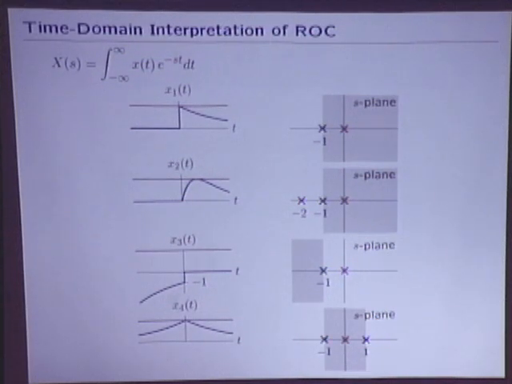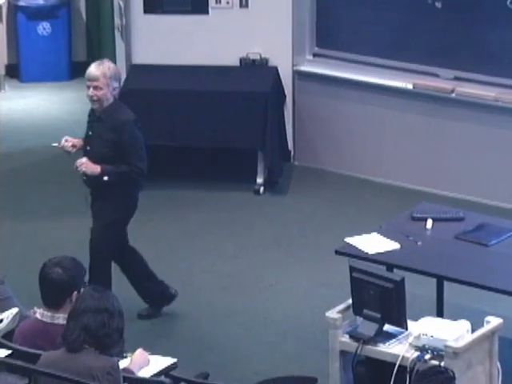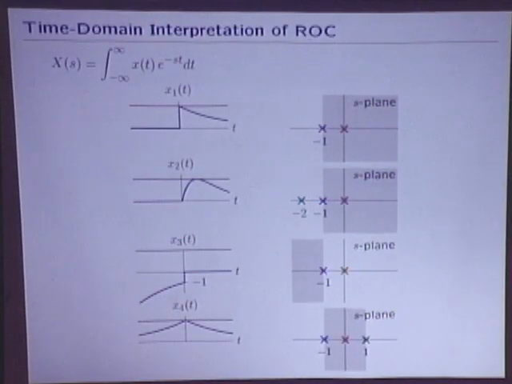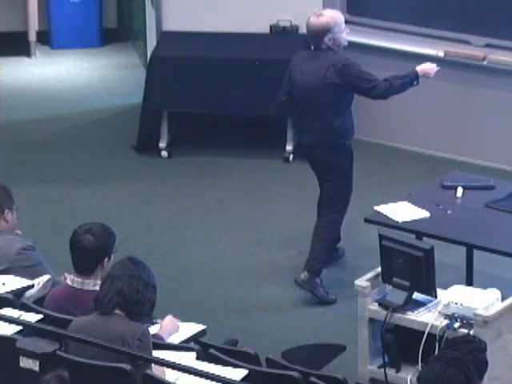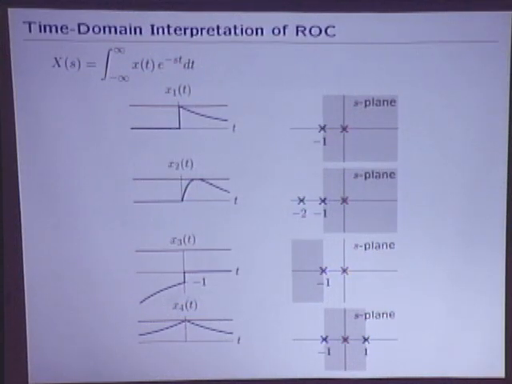It's in the region of convergence. This one does not converge. This one diverges. As you go to minus infinity, the function is unbounded. The transform doesn't exist. S equals 0 is not in the region. That's what it means. Here, if I integrate against e to the 0, both sides converge. There's no problem. I'm in the region.